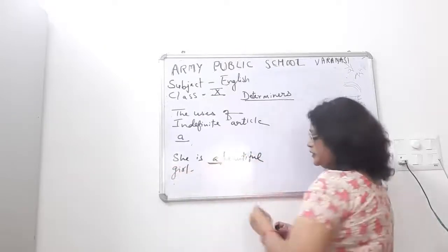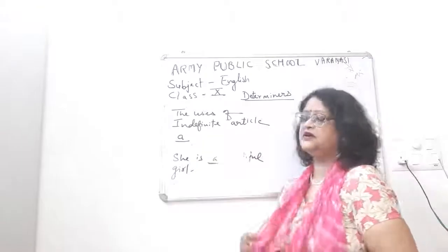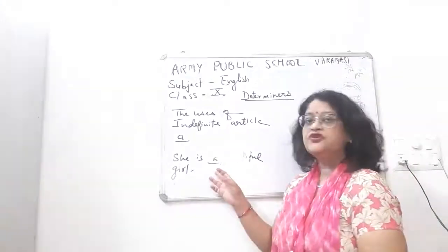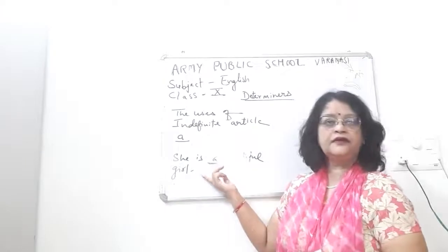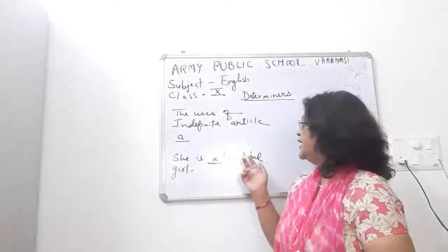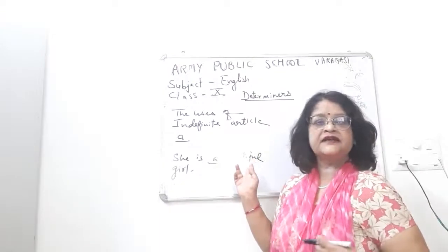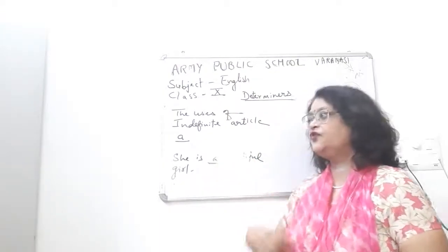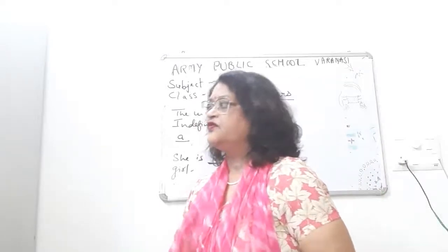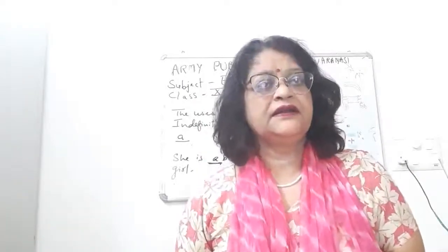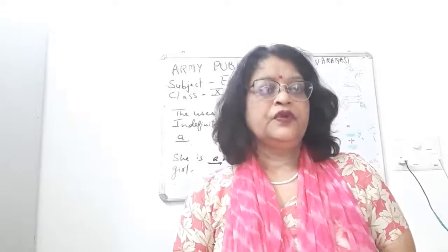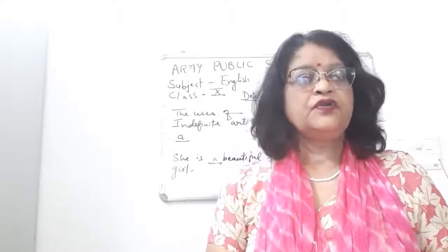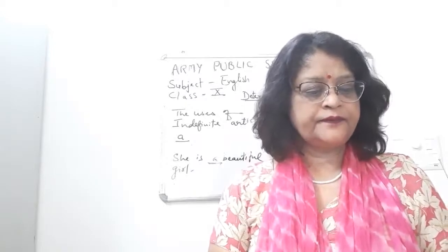So you can see here children, she is a beautiful girl. Girl is a noun, and beautiful is an adjective. So if a noun is there and if an adjective is there, before the adjective we use the article a.